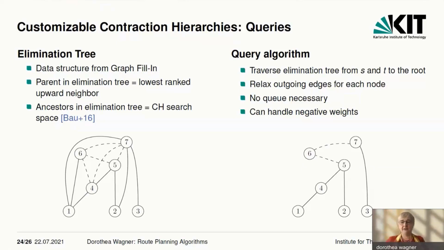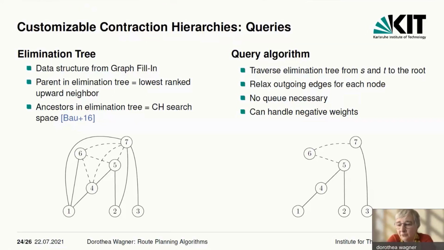And one advantage of this is that it can also be used if we have negative weights. Dijkstra's algorithm doesn't work with negative weights, but using this elimination tree approach, we can even consider negative weights. Now is the moment that you may ask, well, negative weights in transportation networks, that would mean negative travel time.